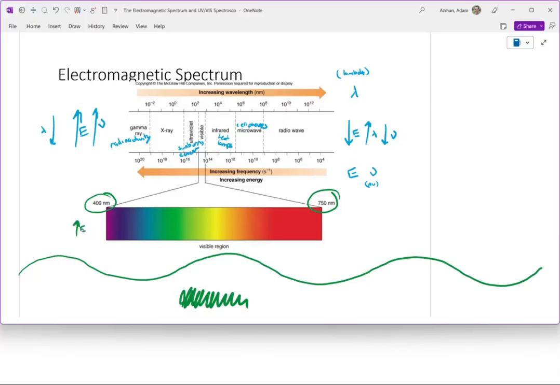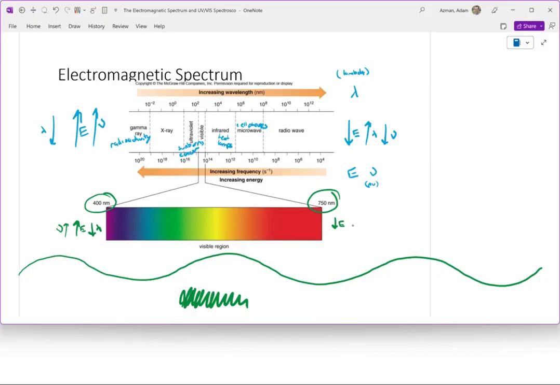And if it's higher energy, that means it has a shorter wavelength and a higher frequency. And the red side then is the side that's lower in energy.